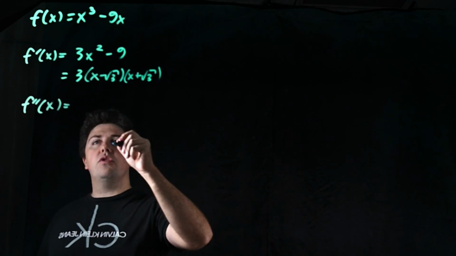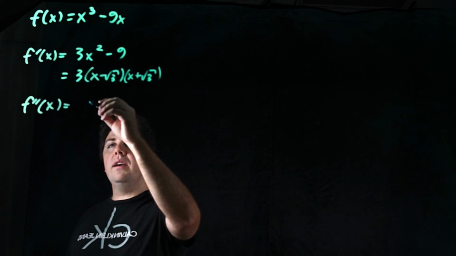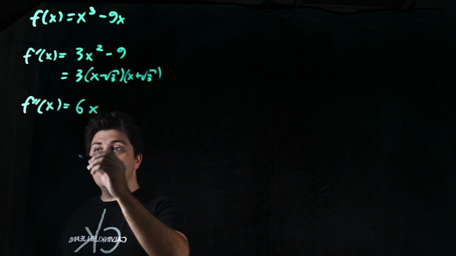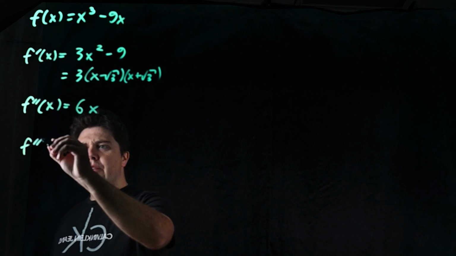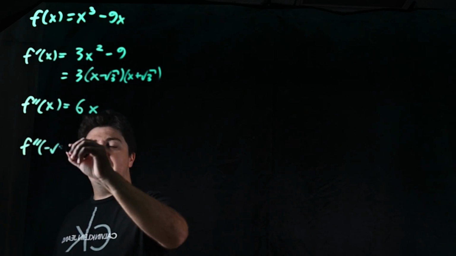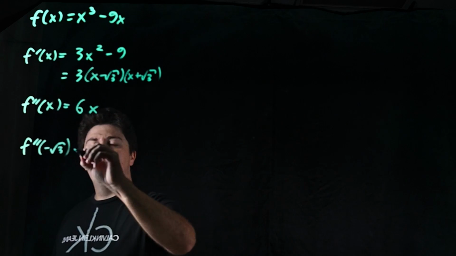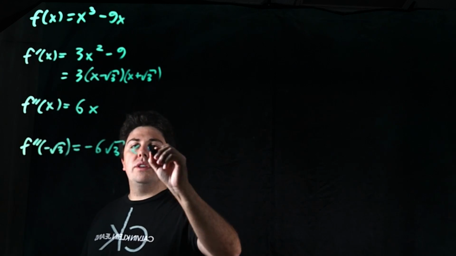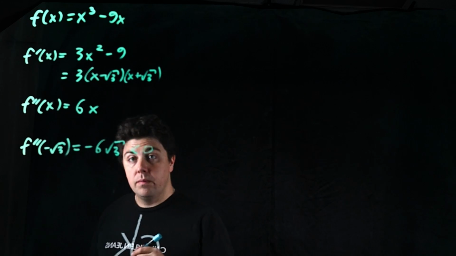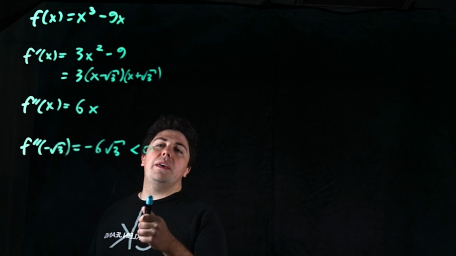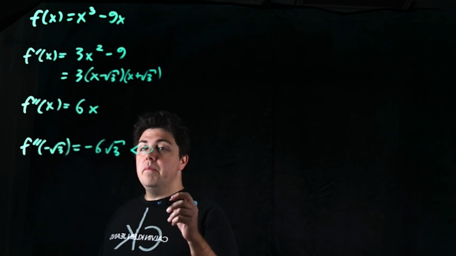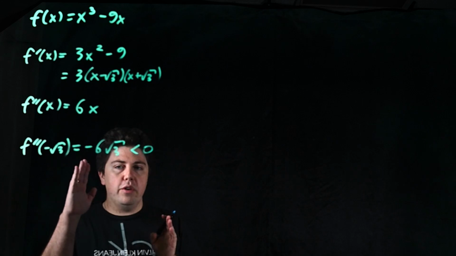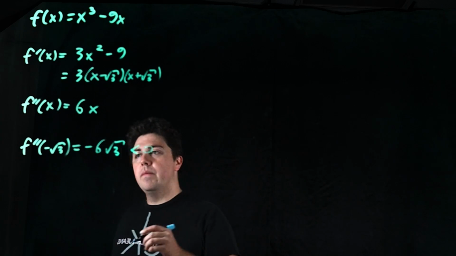Because what is the second derivative? The second derivative of this is going to be 6x, and we note that f prime prime of minus root 3 is going to be minus 6 root 3, which is less than 0. So this has got to be a maximum, because this point has negative acceleration, so the curve is going up and then back down again.